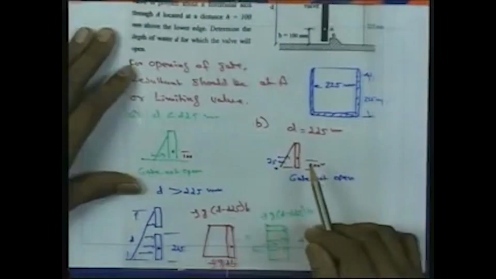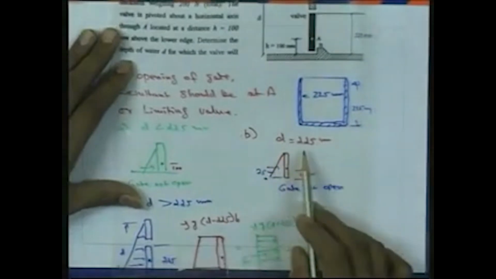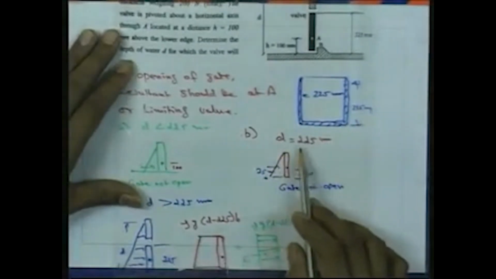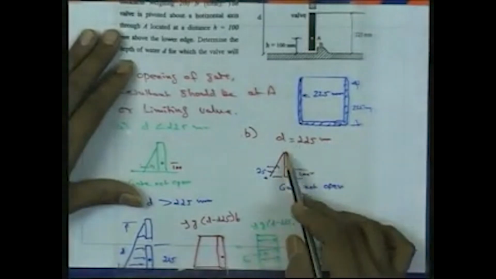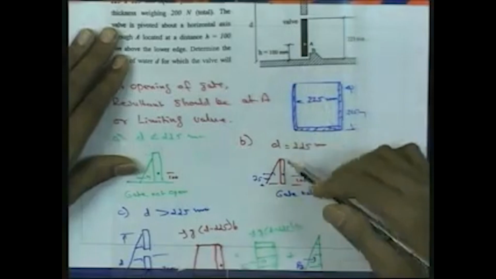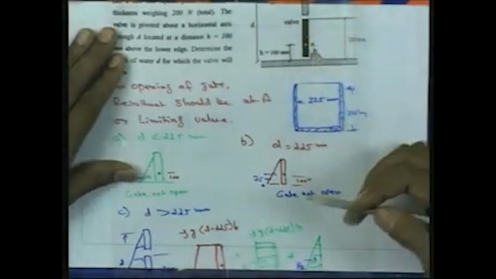Then the second case we will consider is when the upstream depth is equal to the downstream depth, so D is equal to 225 millimeter. In this case the pressure distribution with respect to the gate will look like this, and this is a vertical surface, so the center of pressure will be d by 3 from the bottom.